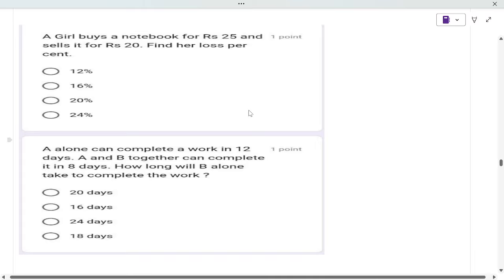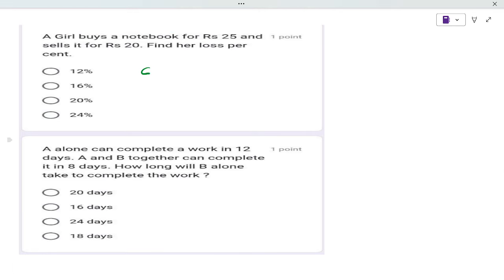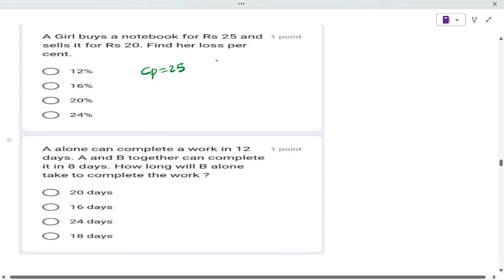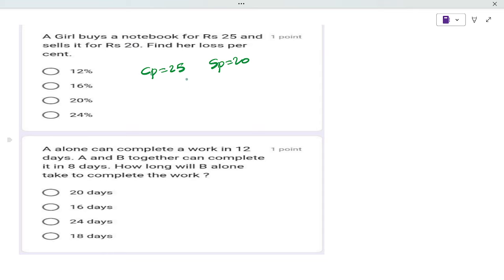Next one: a girl buys a notebook for rupees 25 and sells it for 20. So the cost price is 25 rupees and the selling price is 20, so there is a loss. How do we calculate the loss percent? We compare from the cost price. The loss is 5 rupees. So the formula is the difference between cost price and selling price, divided by cost price, into 100.